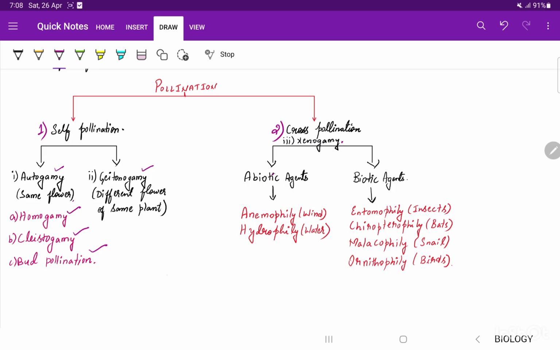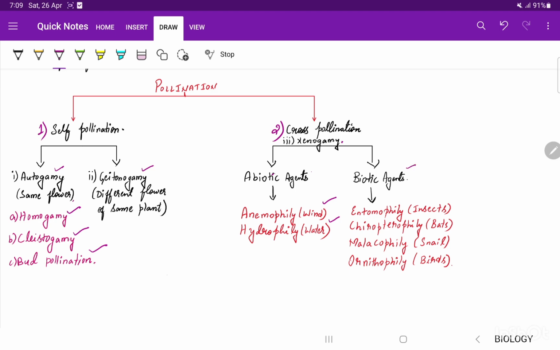In cross pollination, there are two agents which are involved for the formation of zygote or fertilization. In abiotic factors, that is non-living things, anemophily, that is pollination brought by wind, hydrophily, pollination brought by water.